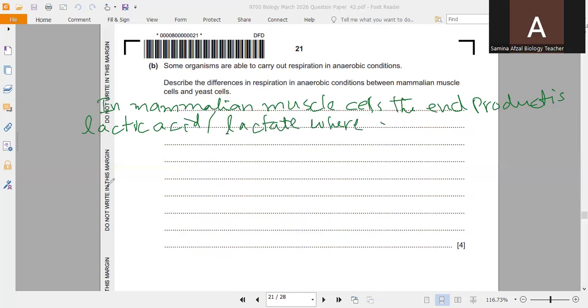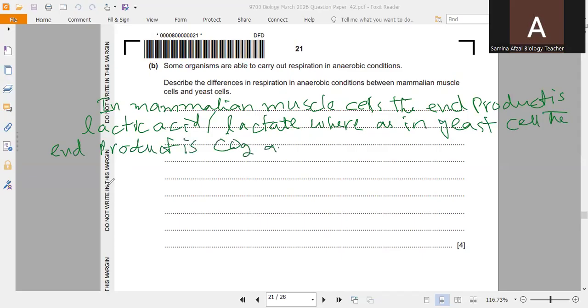Whereas in yeast cells, the end product is carbon dioxide and ethanol.